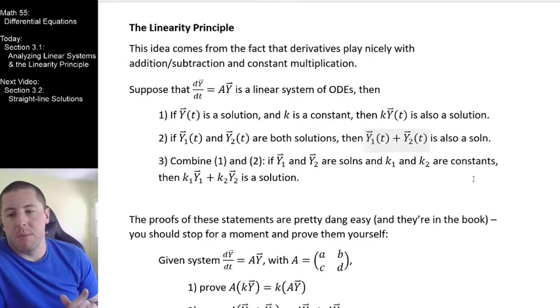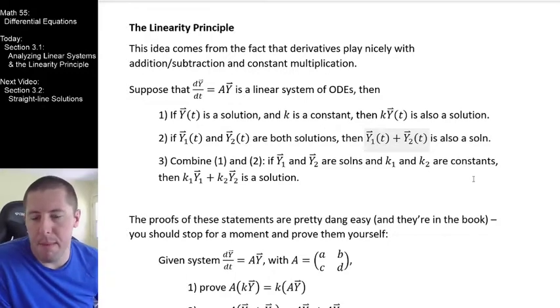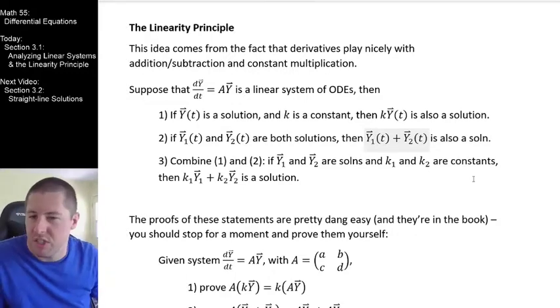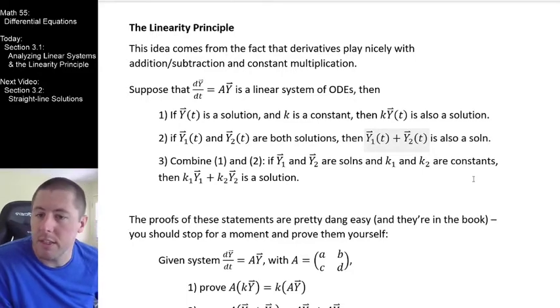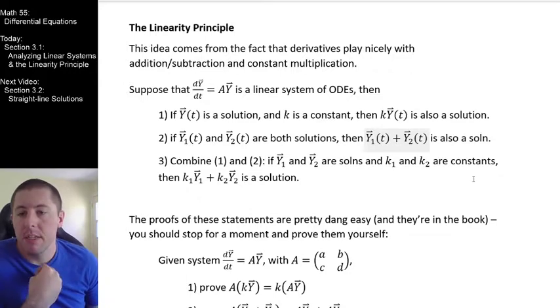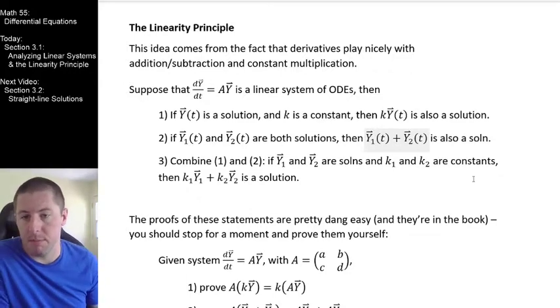The linearity principle, from the mathematician's perspective rather than the slightly narrower focus on this differential equation, is really just to say that the operation of the derivative shares some properties with the operation of matrix multiplication.